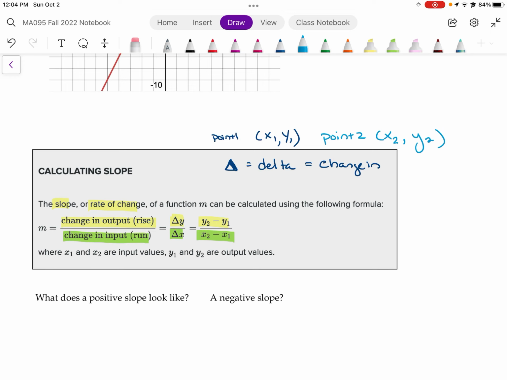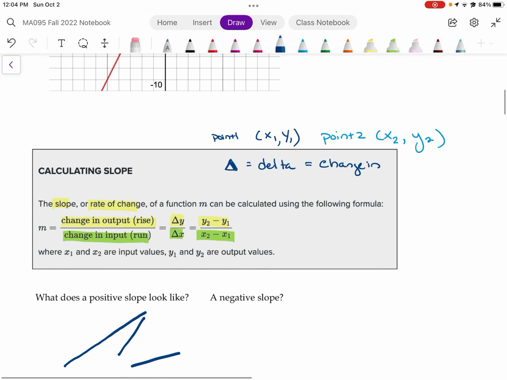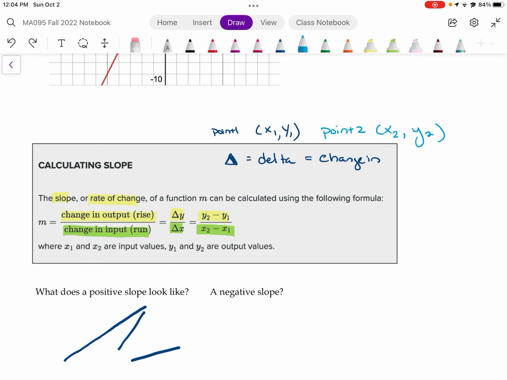All right. So what does a positive slope look like? Let's think about that. A positive slope is going to be anything where, if you're moving left to right, so read left to right, it's going to look like that, or that, or that, right? It's going to go upward. A negative slope is going to look like going in this direction, or like that.